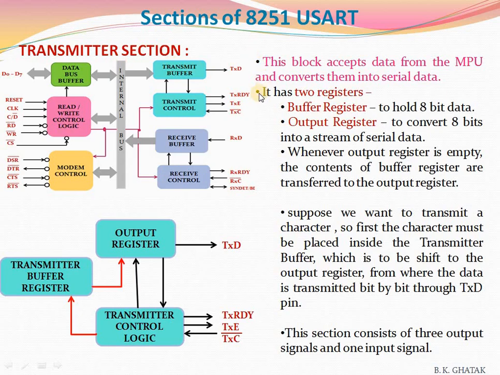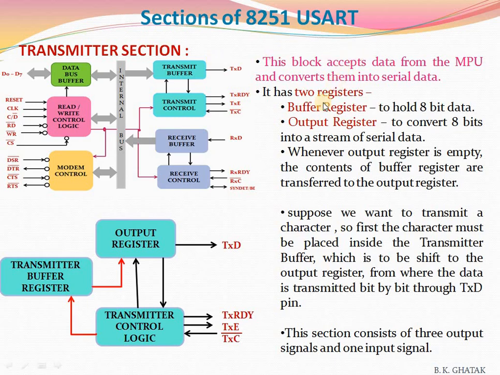So in the transmitter section we can easily see that there are 4 transmitter signals. This block accepts the data from MPU or microprocessor units, suppose 8085 microprocessor, and converts them into the serial format. Clear? Because we have to send those signals to another MPU.